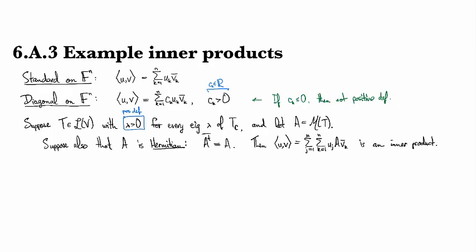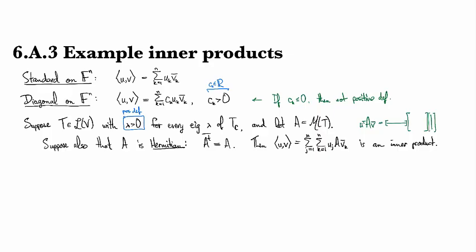And it actually turns out that on Fn, any inner product is going to be of this form. So the way that you should think of this is you have u transpose A v conjugate. So there's going to be like a row vector, and then a square matrix, and then a column vector.